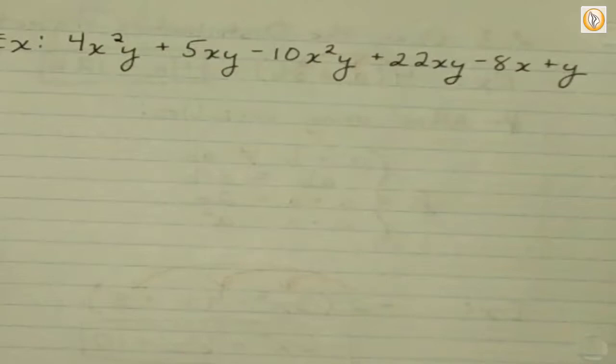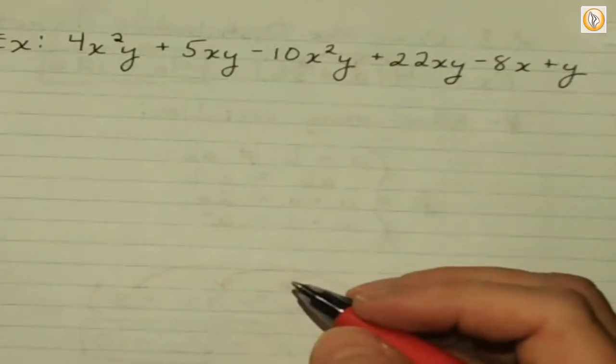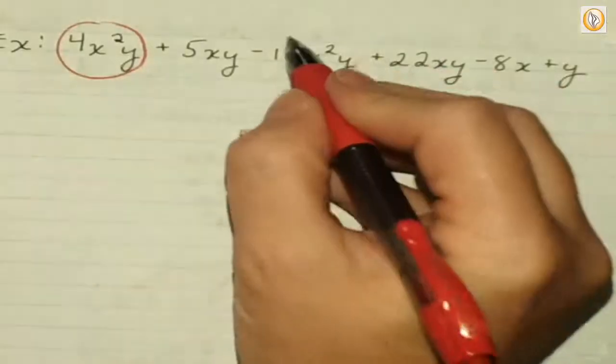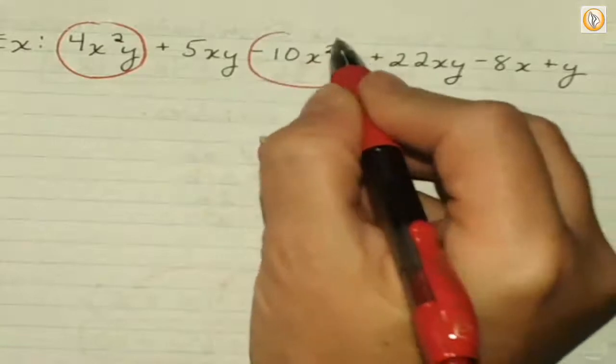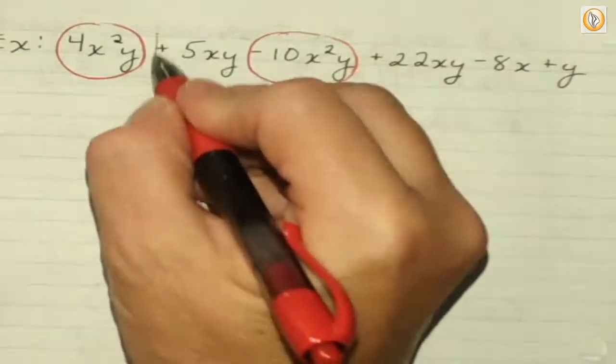Which combined? Combine 4x squared y and negative 10x squared y. Very good. See how long y'all's problems are? And this is why I do the circles and the squares. All right, Taylor, what else? And then put a plus sign between the two. Well, no, what else can we combine? Okay. We're not there yet. 5xy and 22xy.